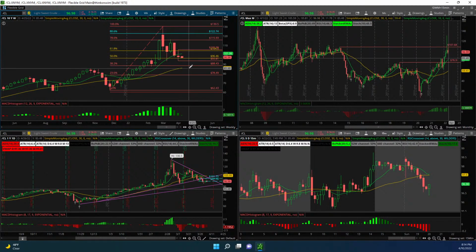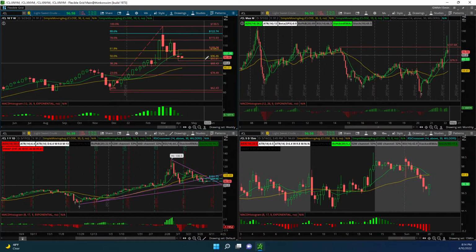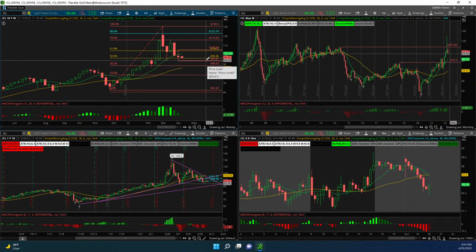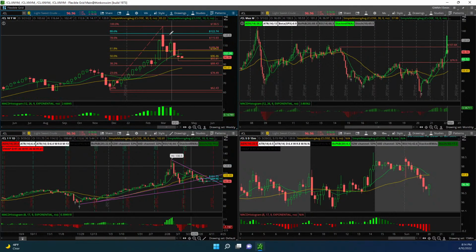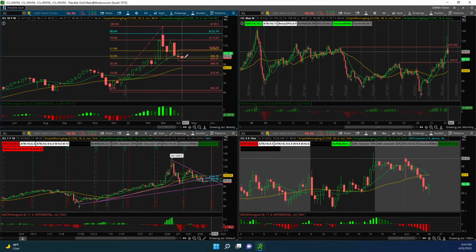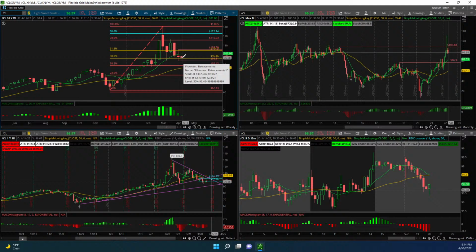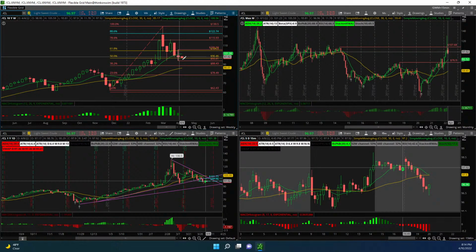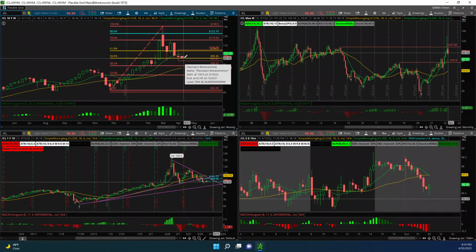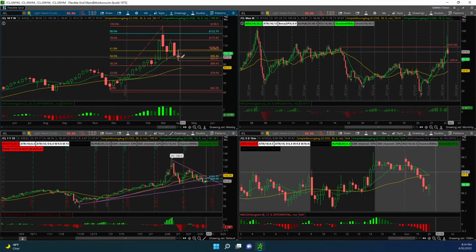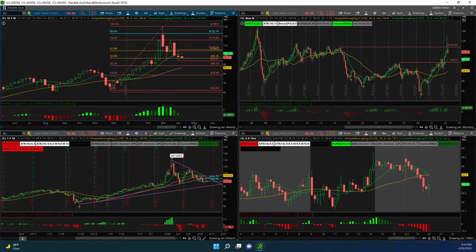I don't do any projections in this channel. I really try to trade what I see. What I see now is that it's moving down, trying to break this 50, but it's also at support, so you have to be careful that it could reverse as well.